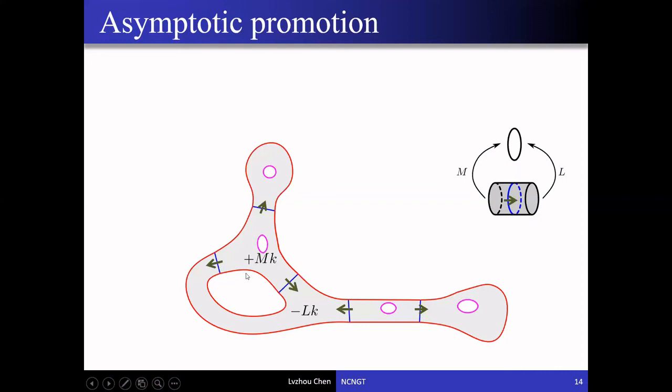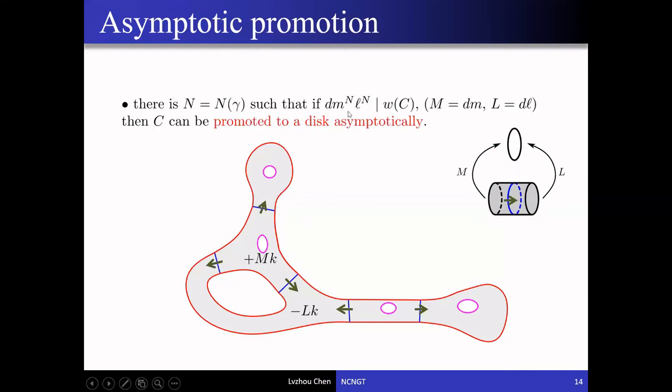So assuming the winding number we start with has enough copies of M and L as factors, where this number is greater than the geometric intersection number of the given loop gamma with the edge space, then we are guaranteed to be able to push this along a full copy of gamma.